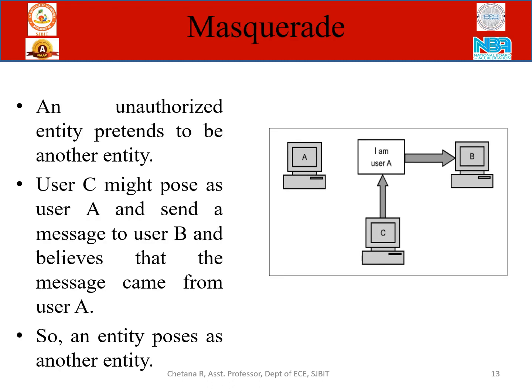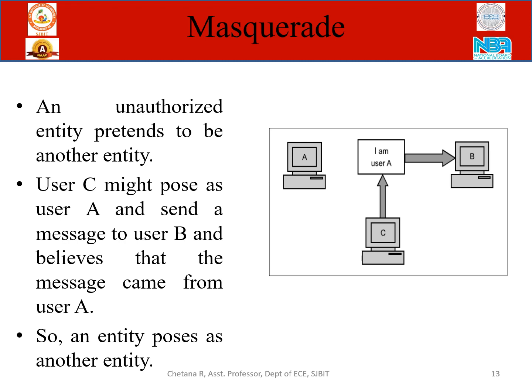Now what is masquerade? As I told you, A and B are in a conversation. C comes in between. He takes control and claims that he is user A. So authentication is lost here.